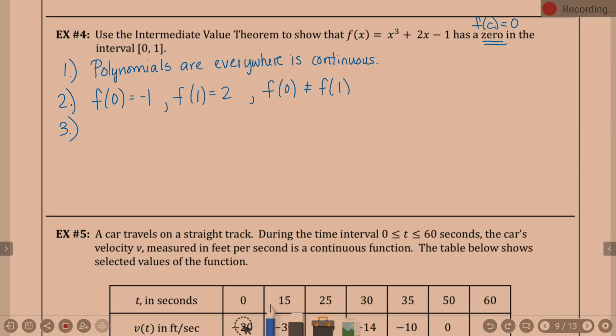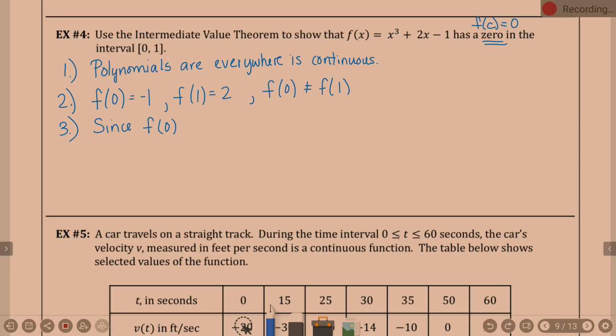Okay. This one I stated a little bit differently. Mine's going to be copy and paste, change the numbers. I'm just going to show something different here.